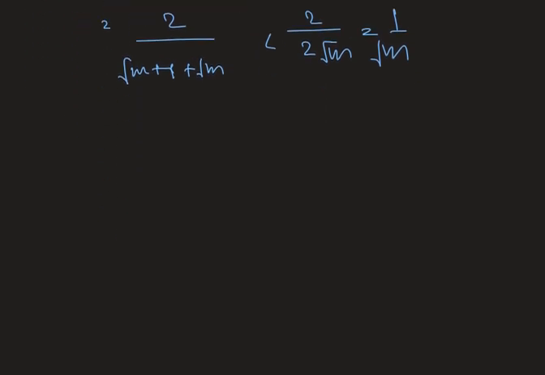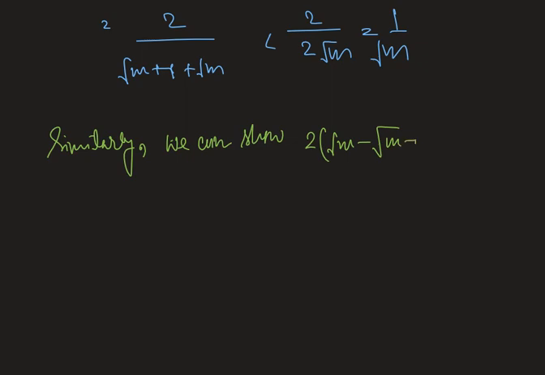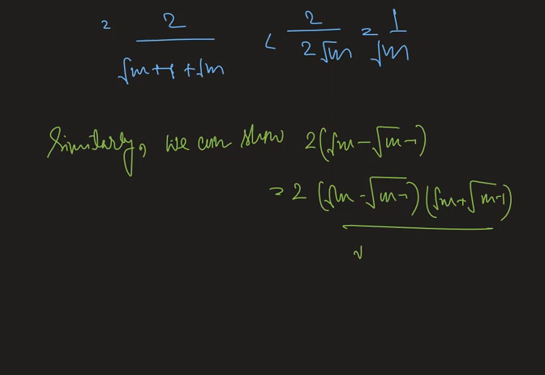Now we have to prove the right hand side. Similarly, we can show that 2 into root over m minus root over m minus 1 is equal to 2 into root over m minus root over m minus 1 multiplied by root over m plus root over m minus 1 divided by root over m plus root over m minus 1, which results in 2 over root over m plus root over m minus 1.